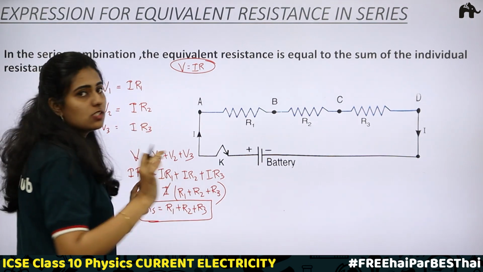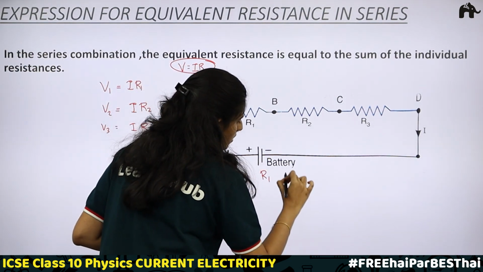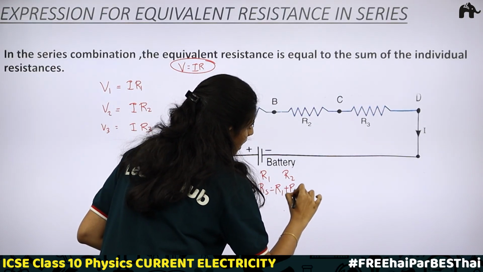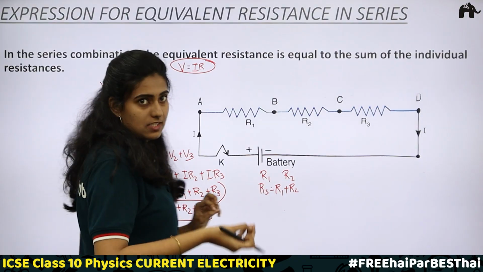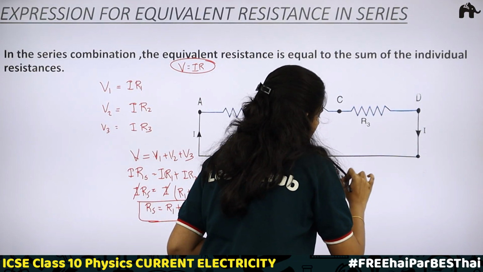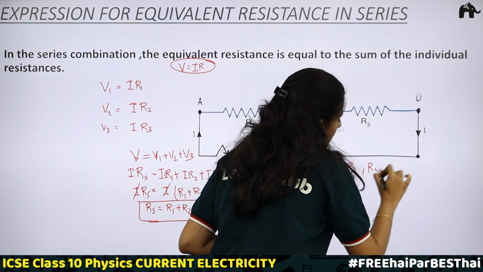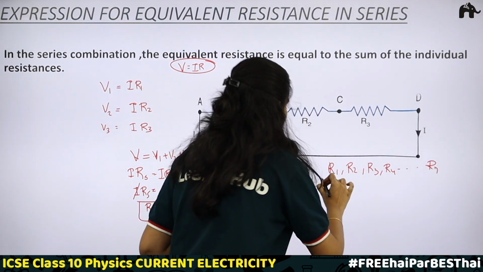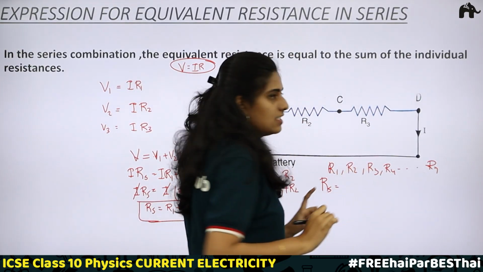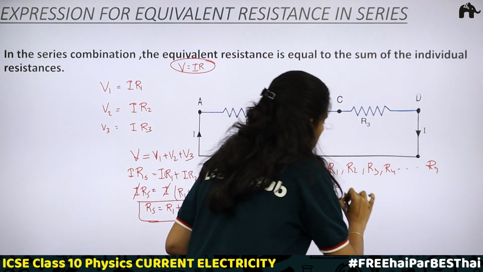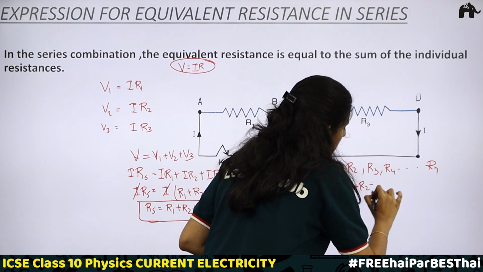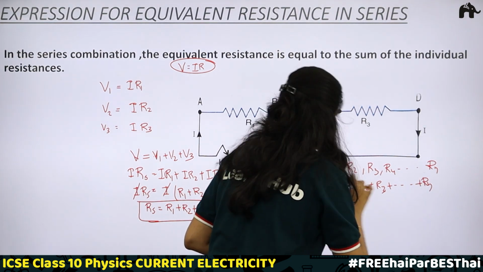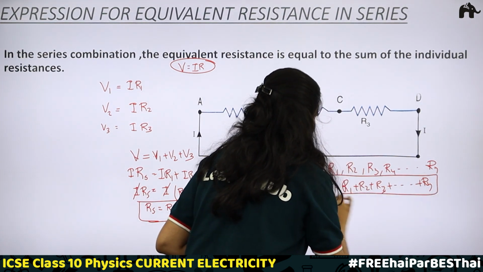If you have just two resistors of resistance values R1 and R2, then Rs will be equal to R1 plus R2. If you have n number of resistors of resistance values R1, R2, R3, R4, up to Rn, then the effective resistance in series combination Rs is equal to R1 plus R2 plus R3 plus and so on up to Rn. You just have to take the sum of the resistors.